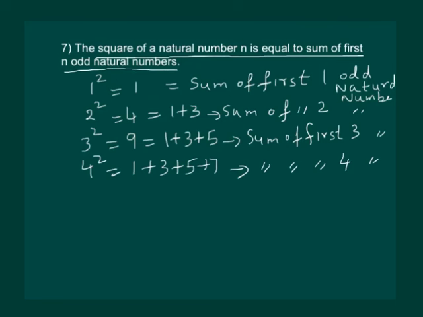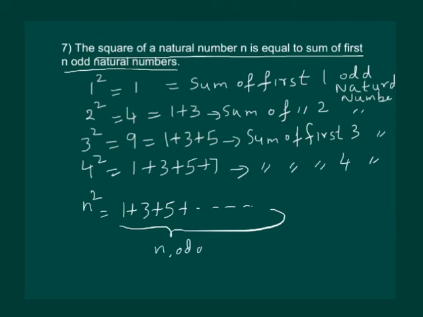That means if we have n square, it is going to be the sum of first n odd natural numbers.